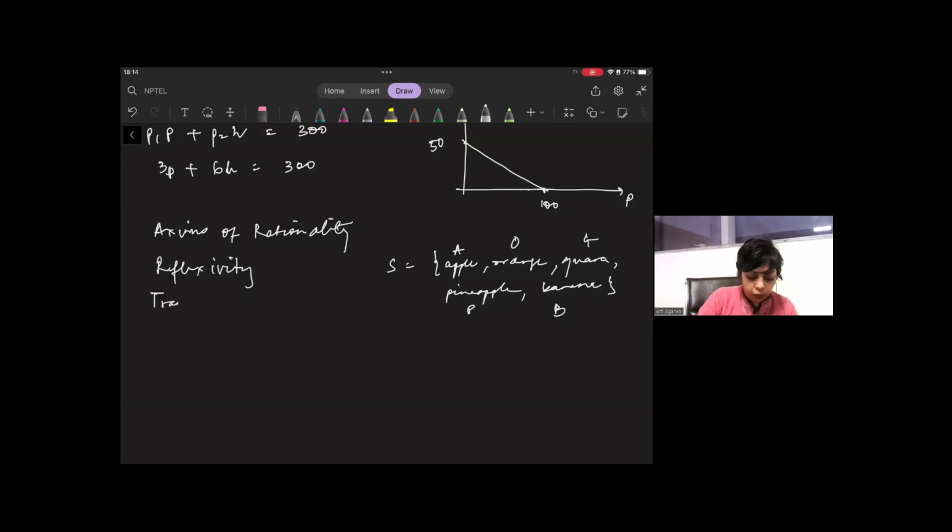Now, let's say we talk about transitivity. You can say X is at least as preferred as X, something like that. In transitivity, what we are talking about is that if X is preferred to Y and Y is preferred to Z, then this implies that X is preferred to Z. So this sign is not the same as this greater than sign.